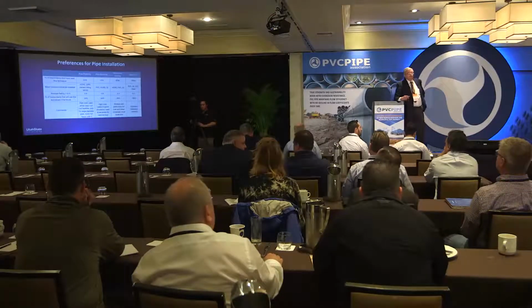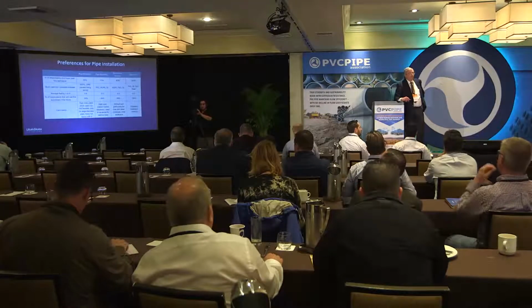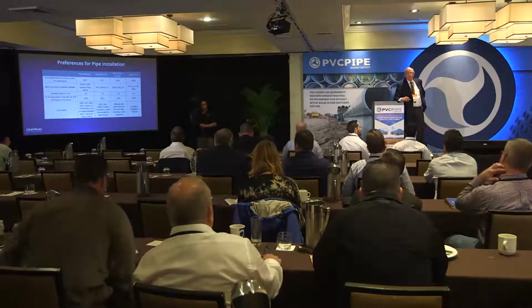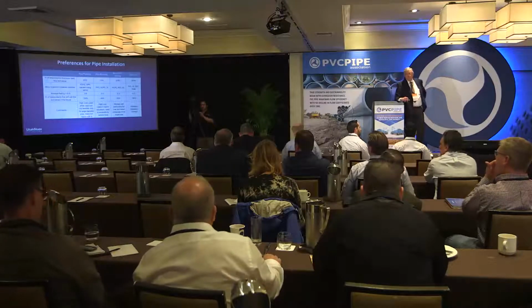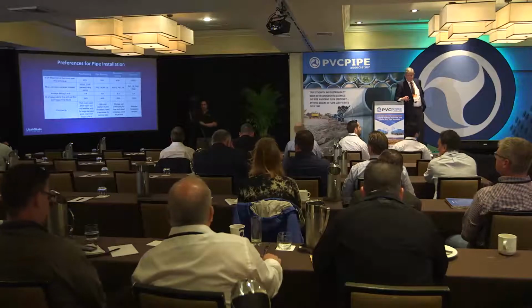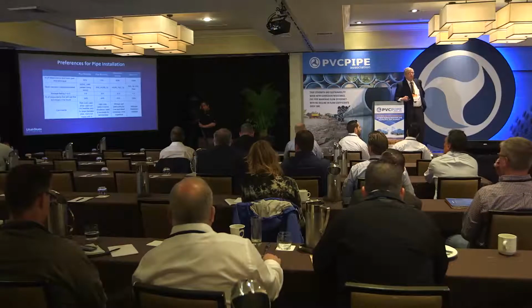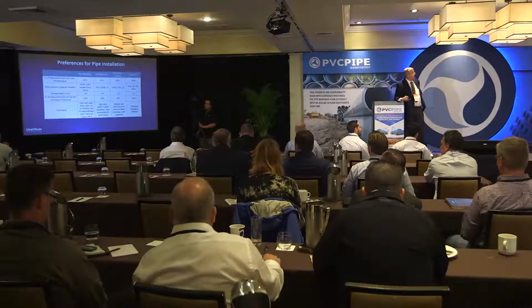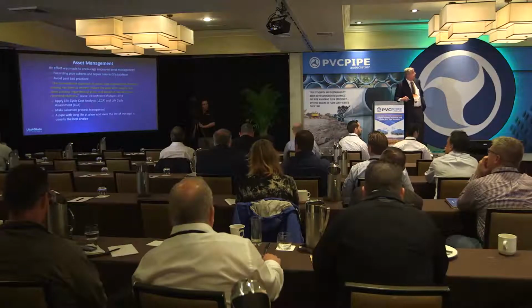But the universal result is it's expensive. I only do it when I have to, when I don't have an alternative. Open cut remains the method of choice of replacing or installing new water mains. So it's still the predominant approach. So directional drilling is picking up on its utilization.